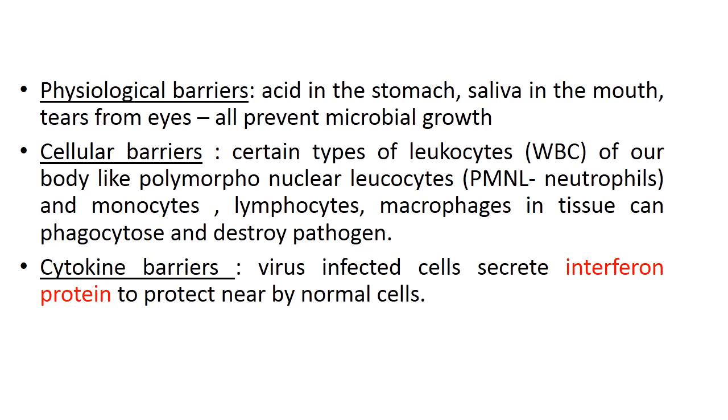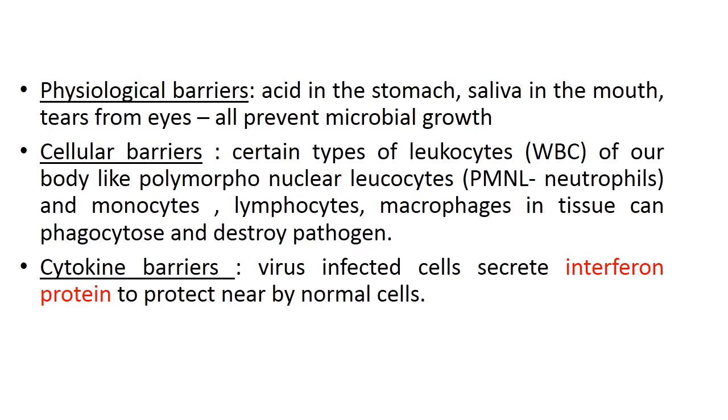Then one more example is saliva in the mouth. The mouth secretes saliva. It helps in the digestion of food material, and it also destroys some of the pathogens, like bacteria, which get damaged in the region of the mouth itself. For destroying bacteria, saliva contains the lysozyme enzyme. With the help of this enzyme, it destroys some kinds of bacteria in the mouth region.